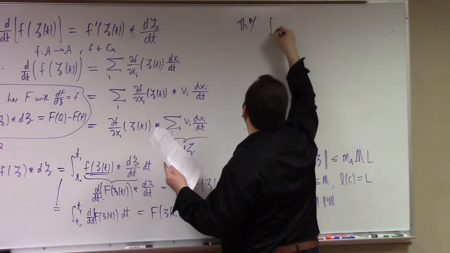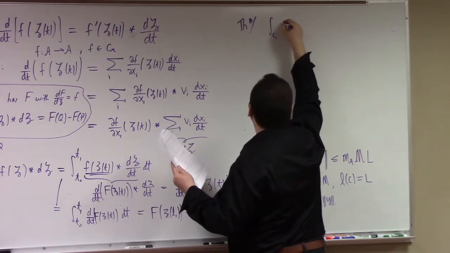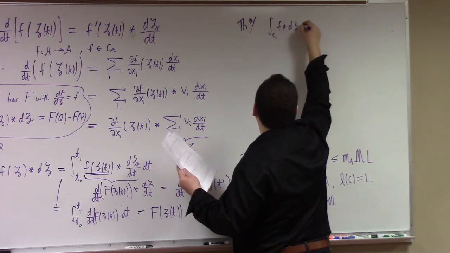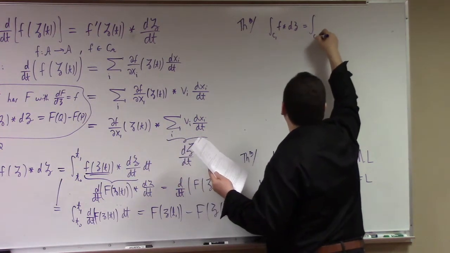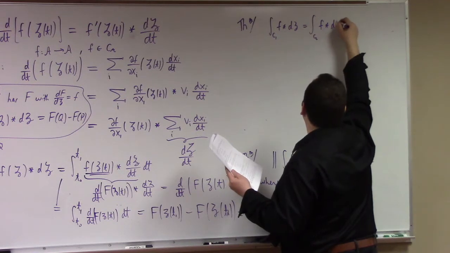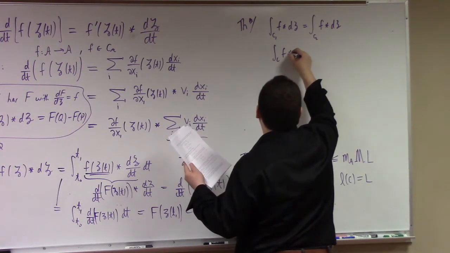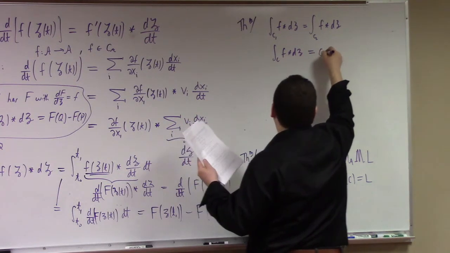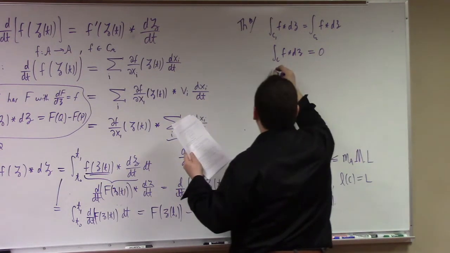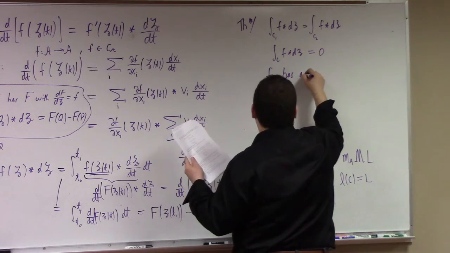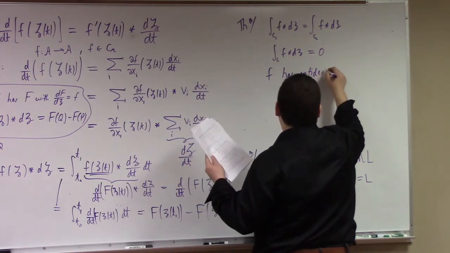So, the integral over C1 of f d zeta equals the integral over C2 of f d zeta. The integral over C of f d zeta equals 0, and f has an antiderivative.